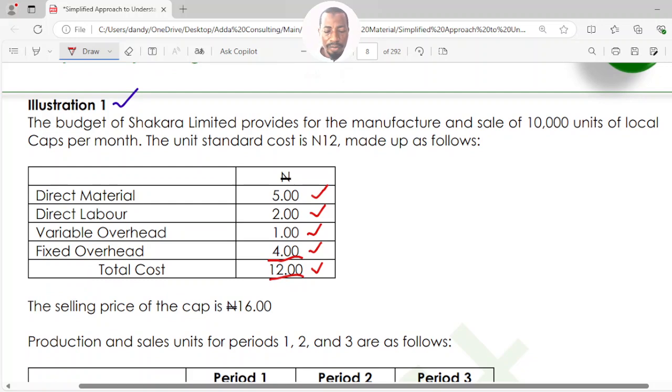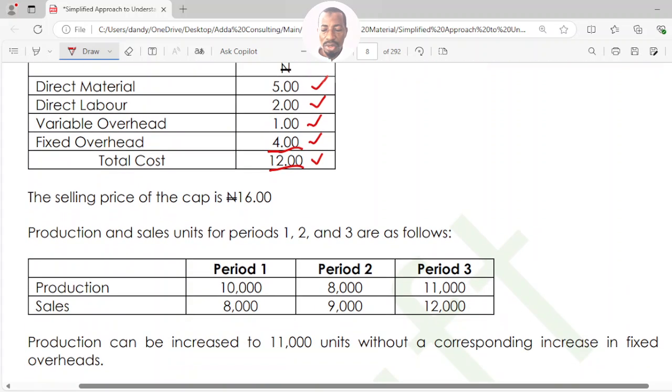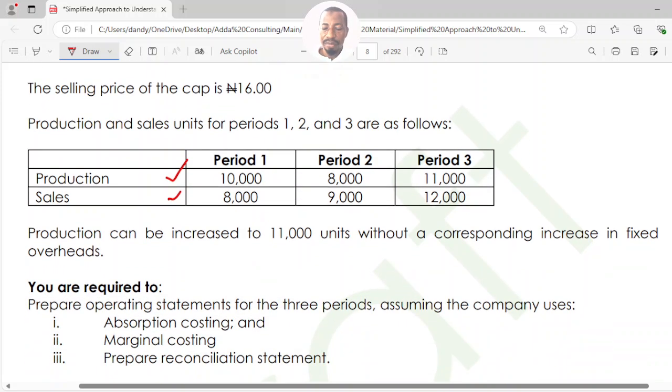Production and sales units for periods 1, 2, and 3 are as follows. So the units produced are given for each period, and then the sales value for each period is also given. Production can be increased to 11,000 units without a corresponding increase in fixed overhead.